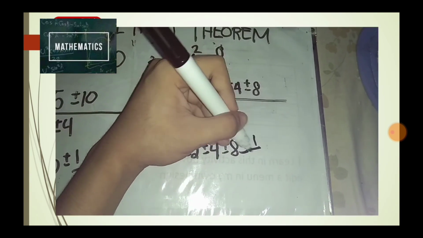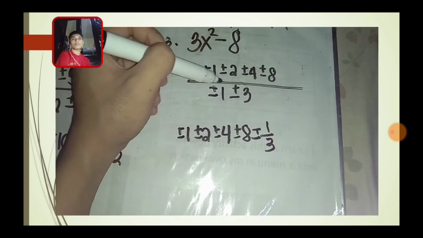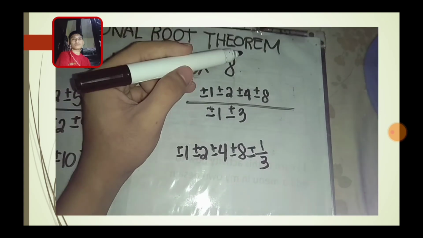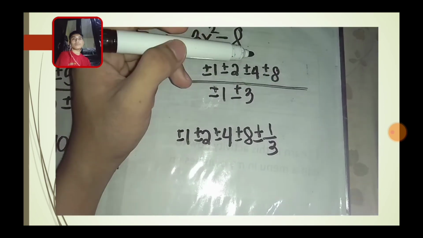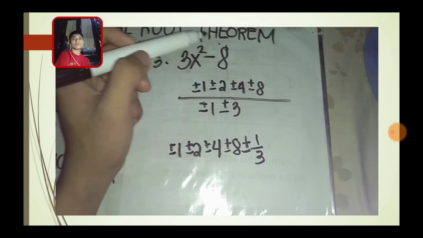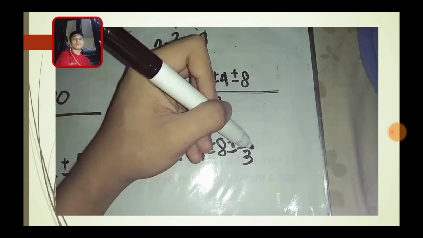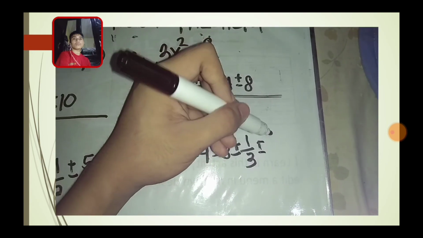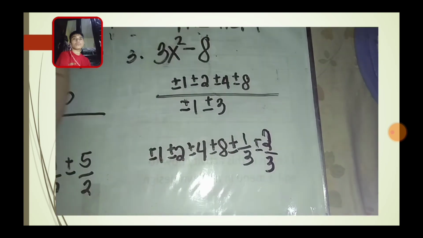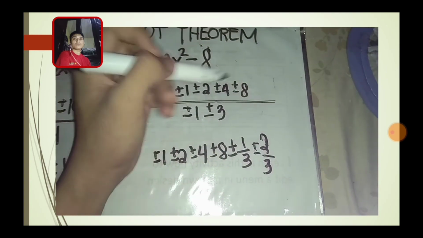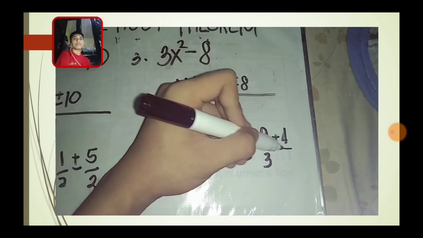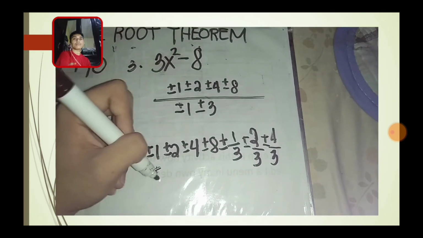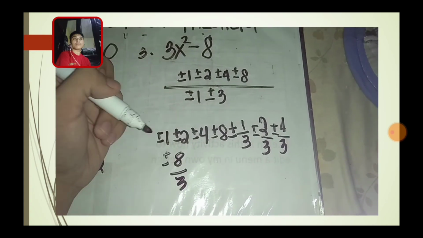So we have positive negative 1/3. Automatically, we divide. After we finish all of these for 1, then we go to 3. Because maybe some would divide everything at the same time. That is wrong. So let's proceed. We have positive negative 2 divided by positive negative 3 is equal to positive negative 2/3. Next, positive negative 4 divided by positive negative 3 is equal to positive negative 4/3. Lastly, automatically we have positive negative 8/3.